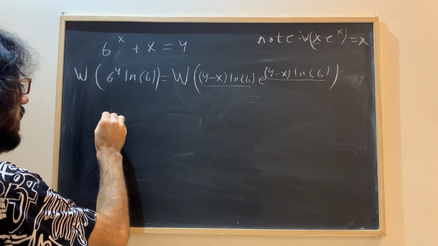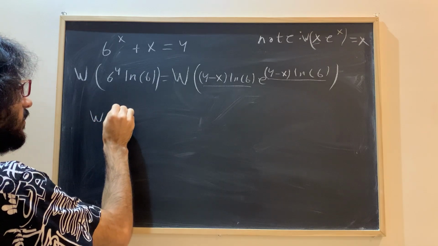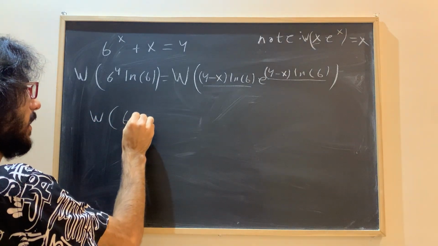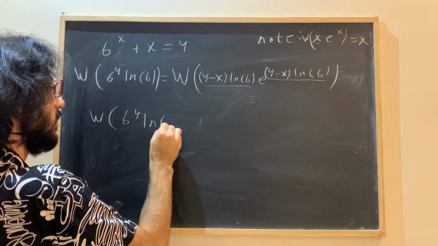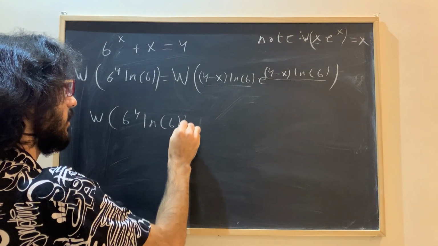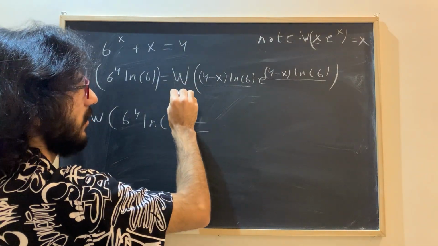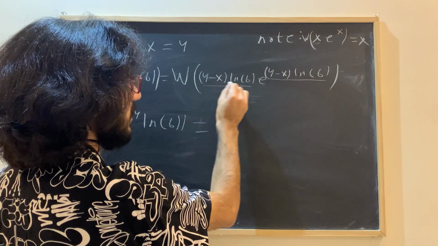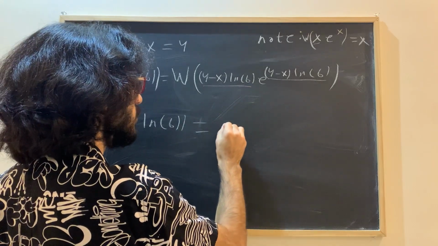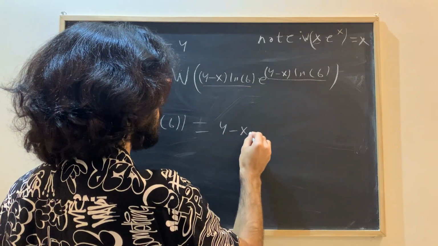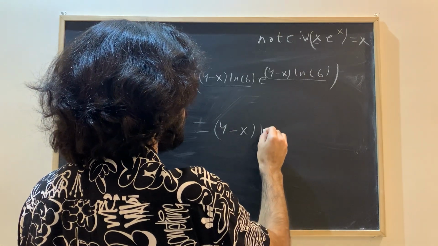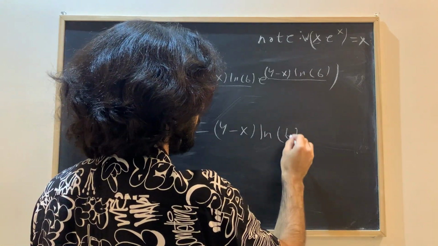So we're going to have the Lambert W of 6 to the power of 4 ln 6 equals, and obviously this gives us just the inside part, which is 4 minus x times ln 6.